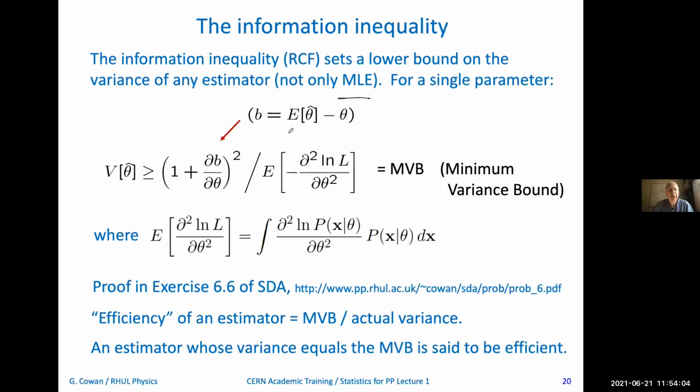All right, so that's the bias as I introduced it earlier. And then in the denominator, we have the expectation value of the negative of the second derivative of the log likelihood function. Here, the expectation value of anything means that you take whatever that thing is, multiply by the probability for the data, and integrate over all data values. That's just my general definition of what I mean by an expectation value.